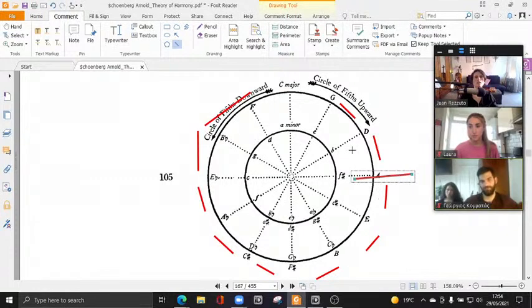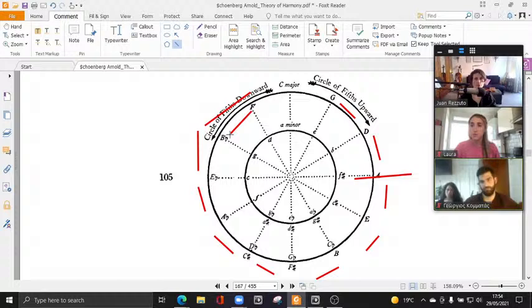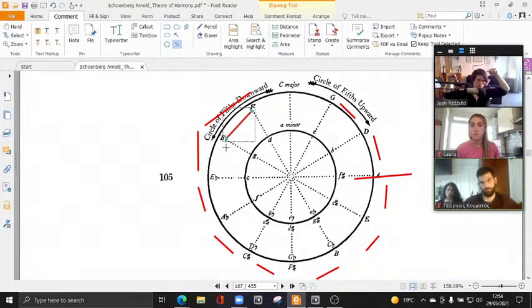And from, let's say, F, B flat, to E flat: in the key signature of B flat you have a downward fifth, and to the E flat, and to the A flat, and to the D flat, and so on and so forth.